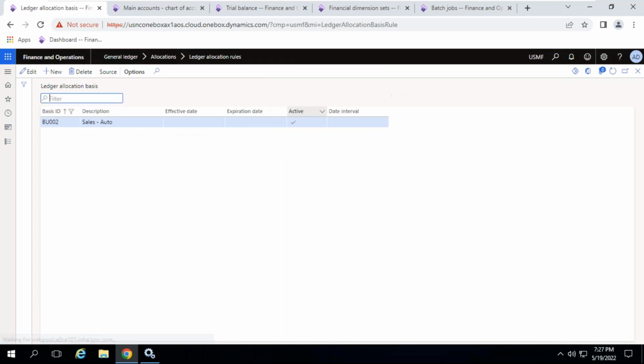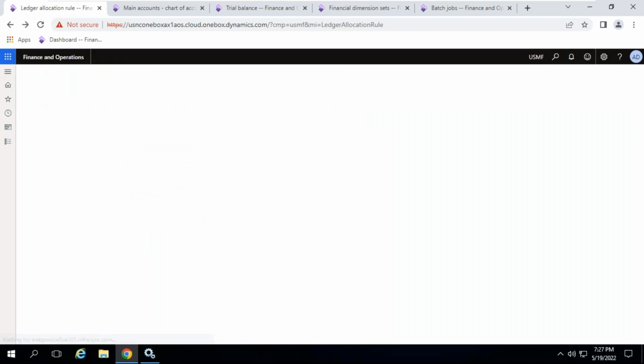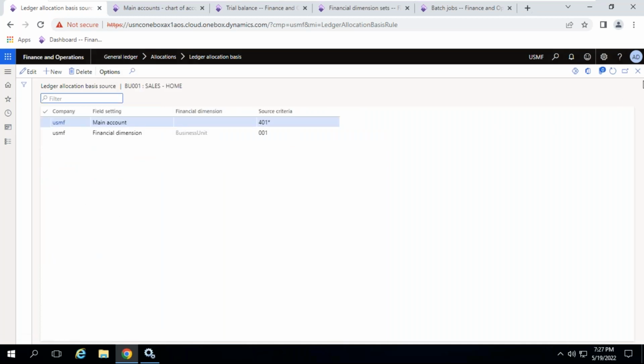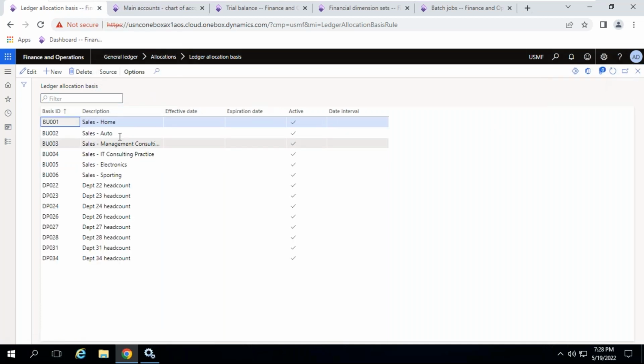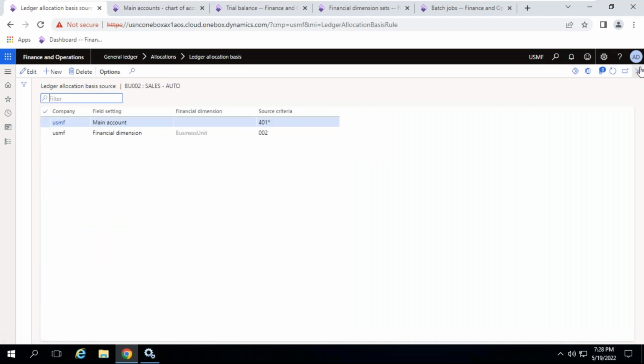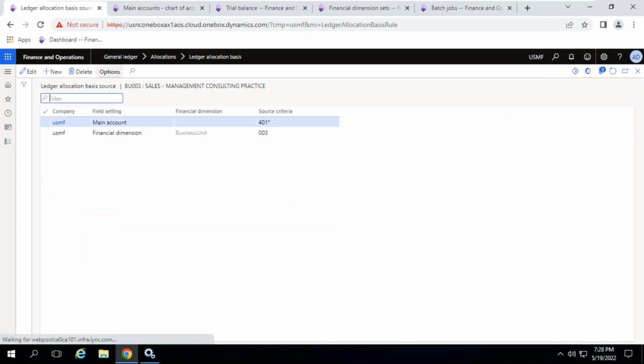So we have the ledger allocation basis. Understood? The basis method is completely different.